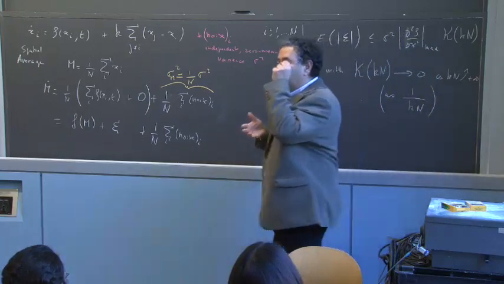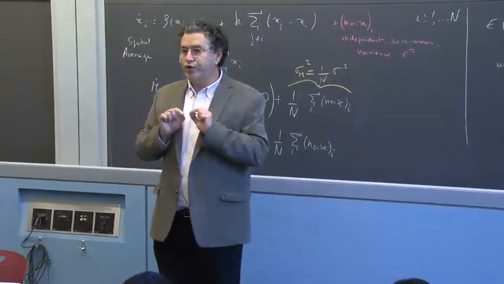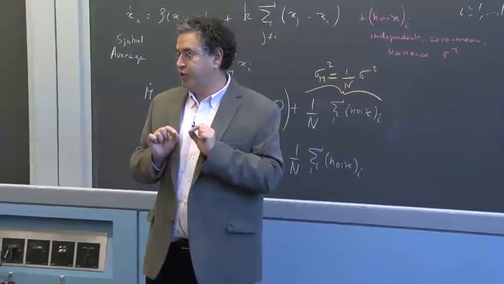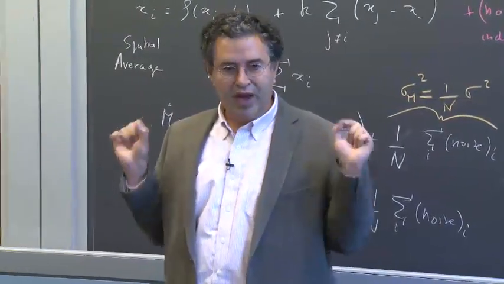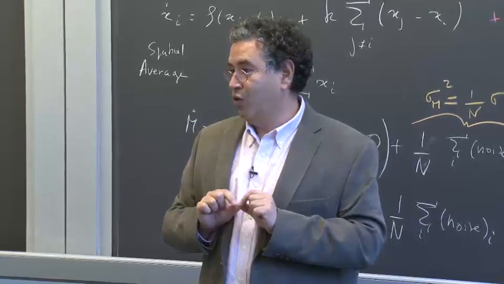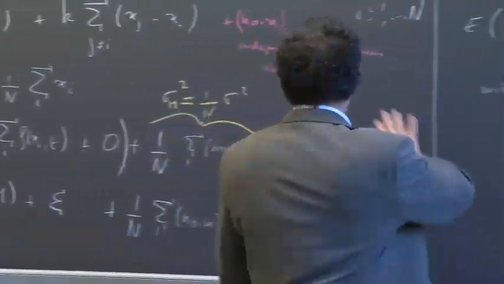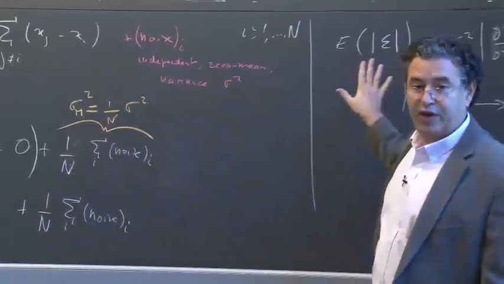However, there is a way to recover the noise averaging properties of a linear system in a completely nonlinear system, and that way is to synchronize the nonlinear systems. Because if you synchronize the nonlinear system without noise, then when you add noise, you have this effect.